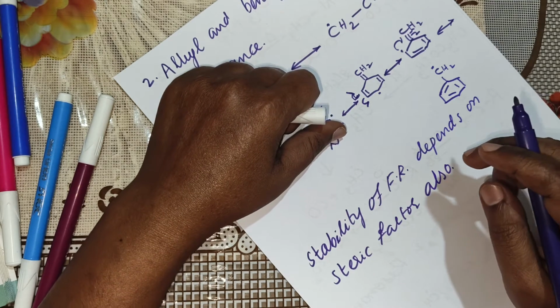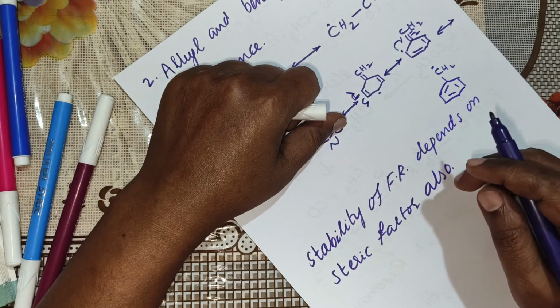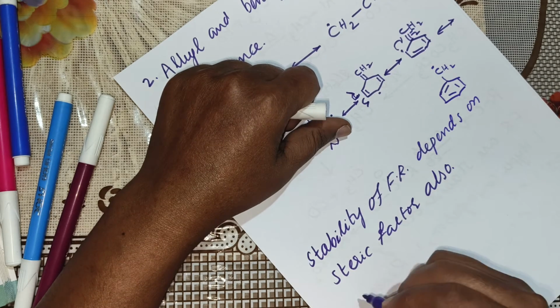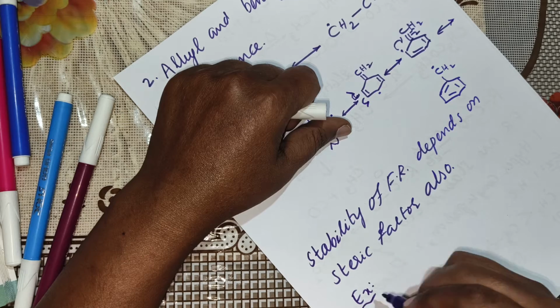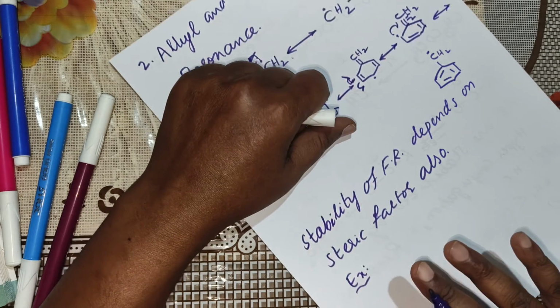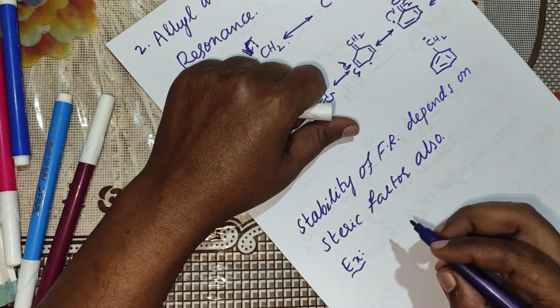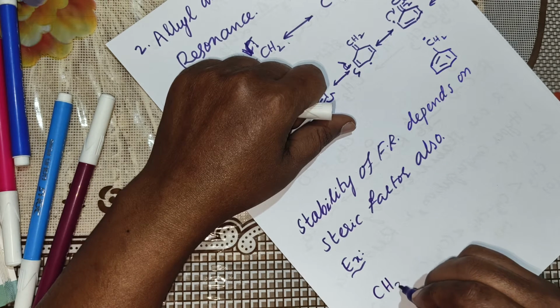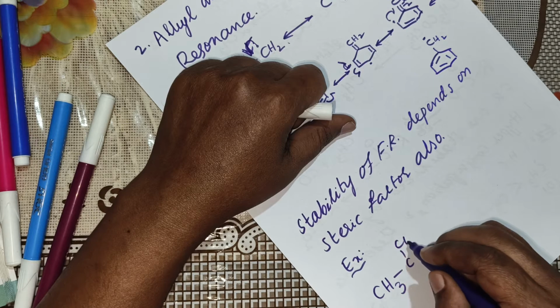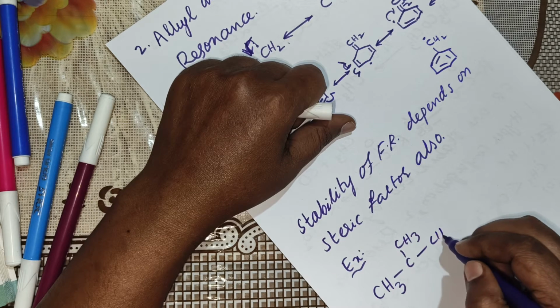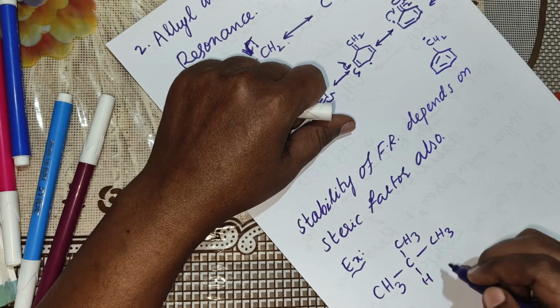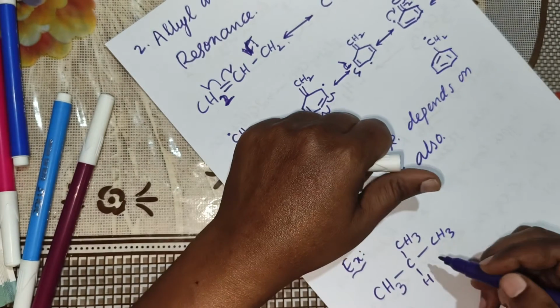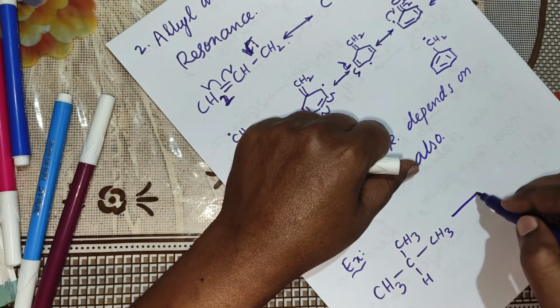How the steric factor influences, let us see an example. When you take isobutane, the formula of isobutane is CH3 CCH3 CH3 H. Now what happens? Free radical can be obtained. How is it obtained?